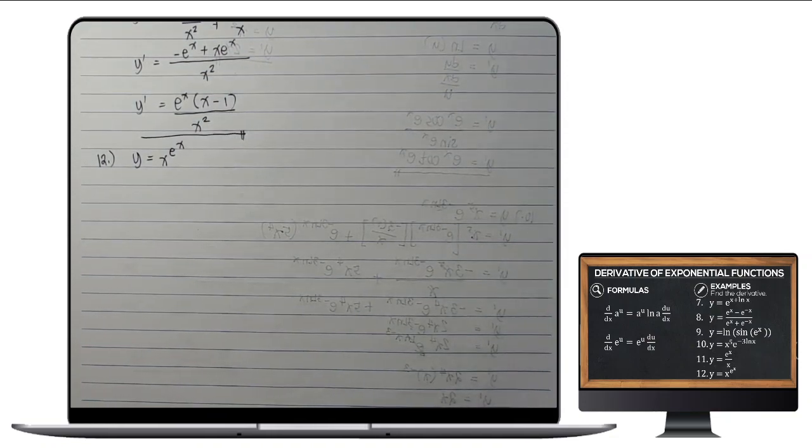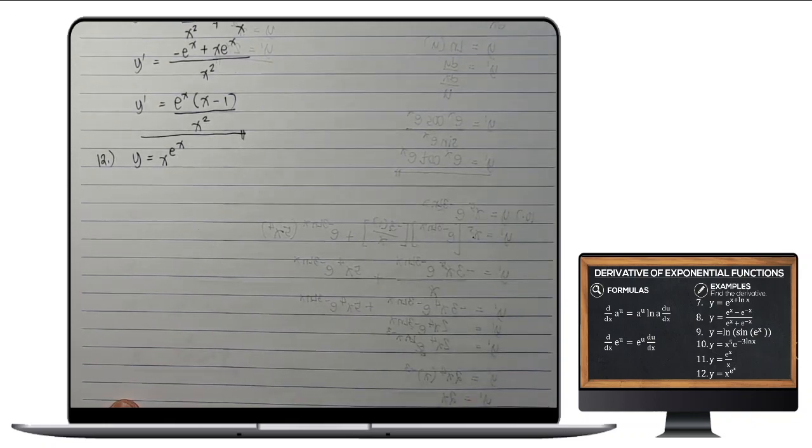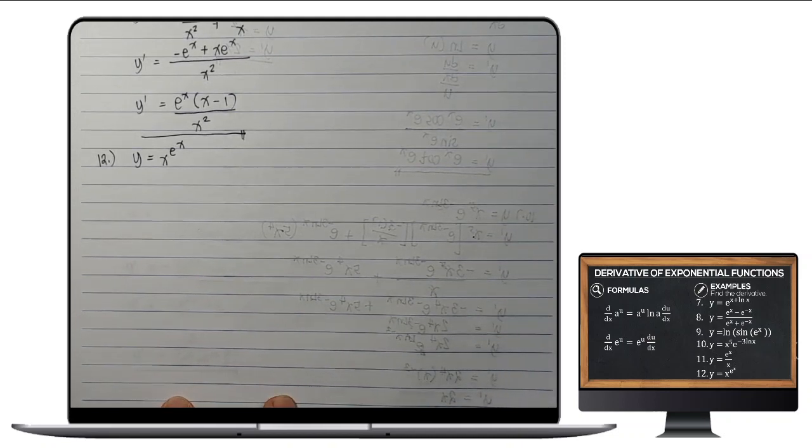So in this case, notice that we do not have the formula for this form, because we only have the formula for x raised to n. That is the general power formula, where n is a constant number, or any constant value.